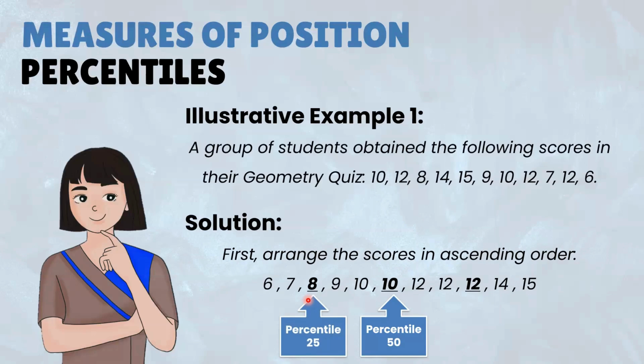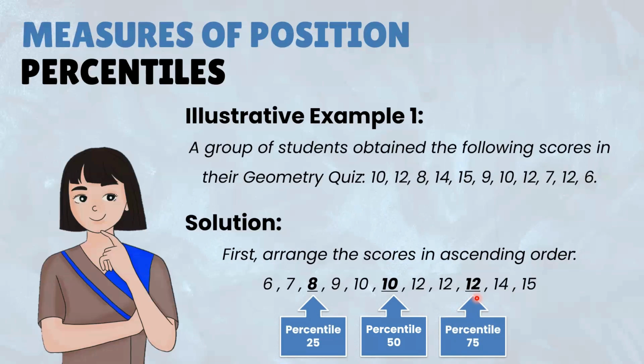And to get percentile 75 value, we have to get the middle value of the remaining scores to the right of percentile 50 value, which is 10. So we have here 5 scores left to the right of 10, and the middle value is 12. So this will be our percentile 75.